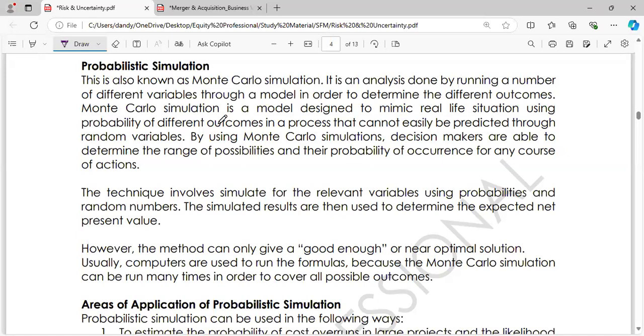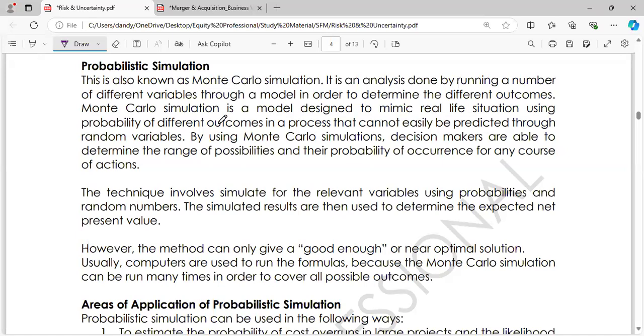In addition to that, the expected NPV computed using the simulation method cannot produce an optimal solution, but a good enough or near optimal solution. The reason being that not all the cash flows of receipts and payments will be well represented, because you are selecting the cash flows on the basis of the random number given.